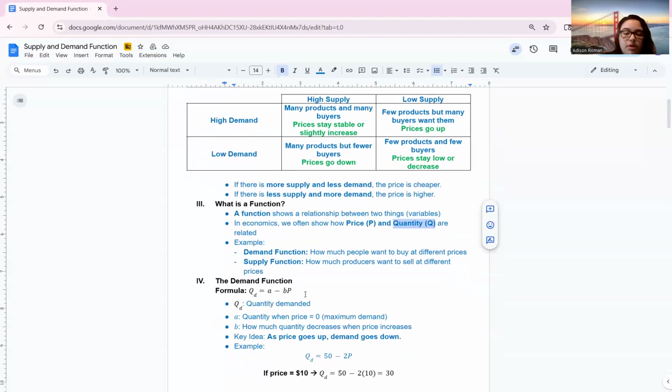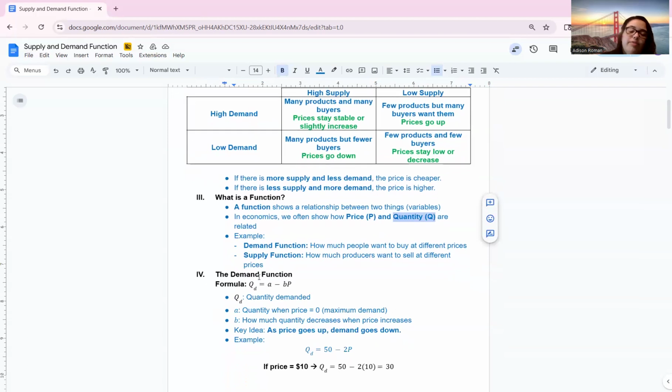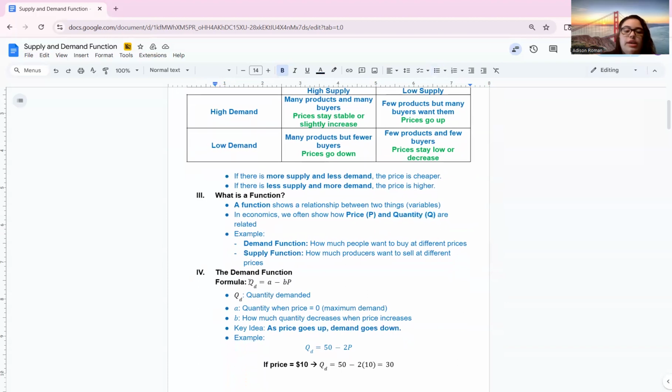So first, let's explore a little bit about the demand function. So when we are representing the demand, we can use this function here. So we have quantity demanded is going to equal A minus B times the price point. So you see here, we are inputting a price point in order to get our output of the quantity.